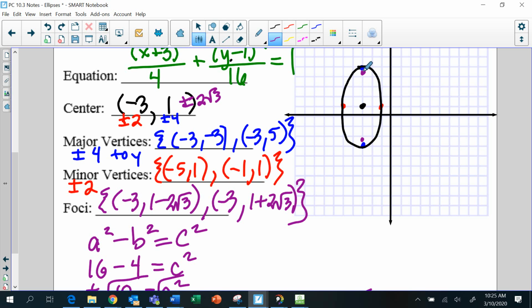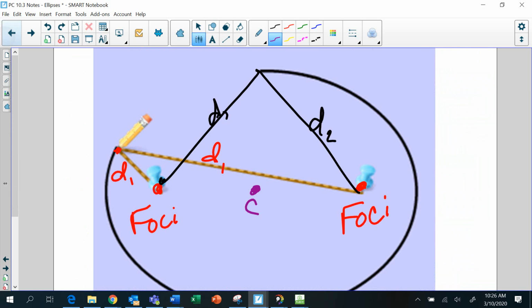Yes, ma'am. What's the point of finding the foci? Remember when we made crop circles and crop ellipses? Remember I showed you that yesterday? And it's up here too for those of you that missed yesterday.